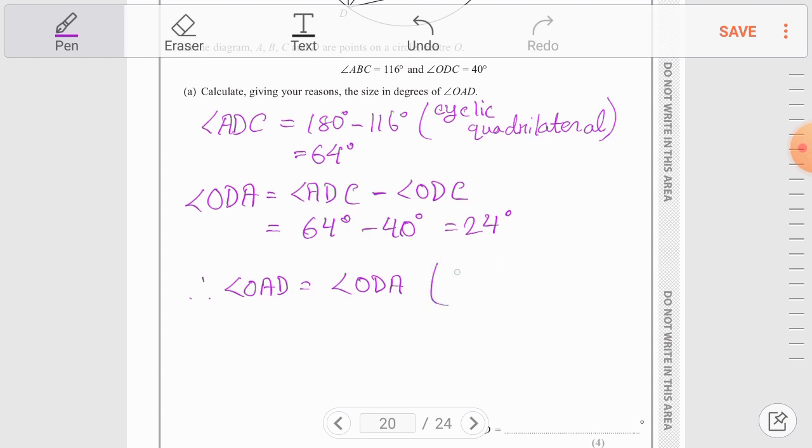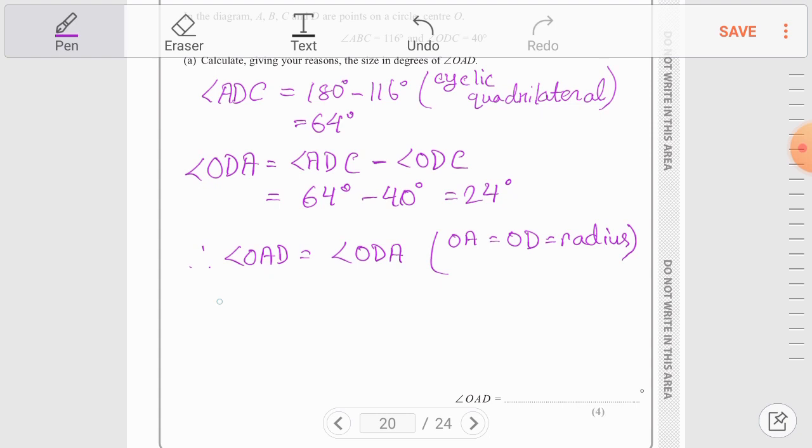We are using this because OA is equal to OD, both being radius of the circle. And then we have the value for OAD, that would be 24 degrees. So this is the value of OAD, 24 degrees.